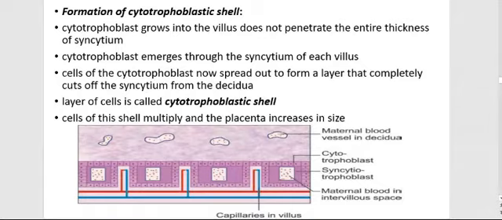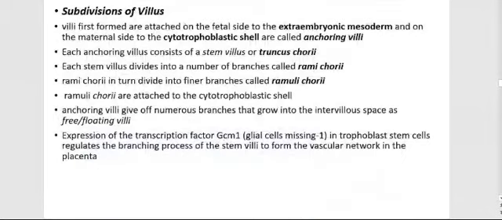So the cytotrophoblastic shell has been formed. Now each villus is formed. When it is formed, it's first called an anchoring villus. The villi which are first formed are attached on the fetal side to the extraembryonic mesoderm, and on the maternal side, they are attached to the cytotrophoblastic shell.